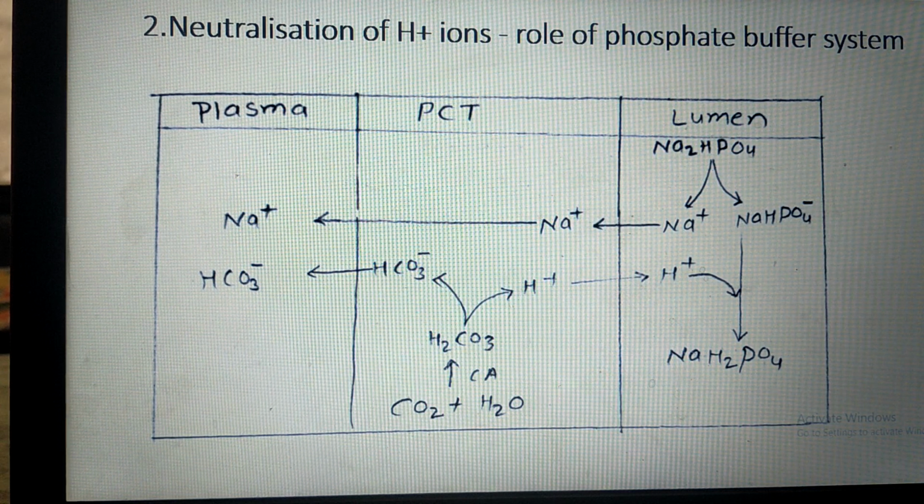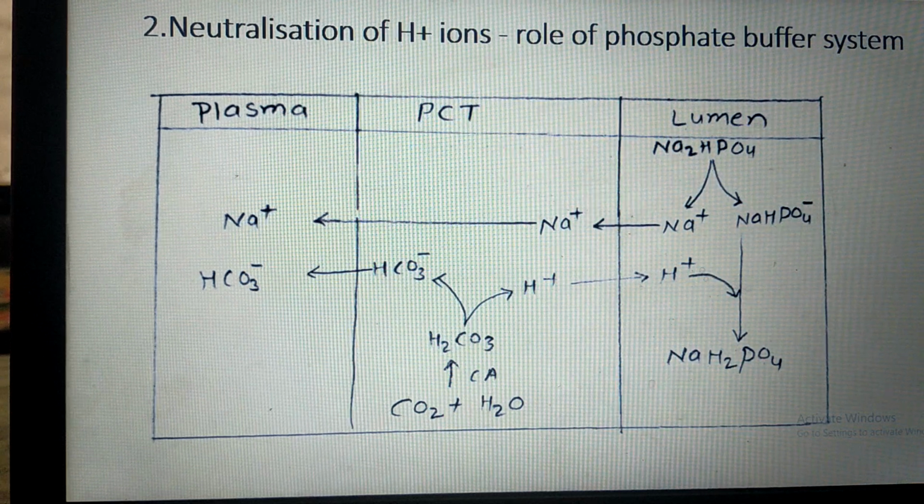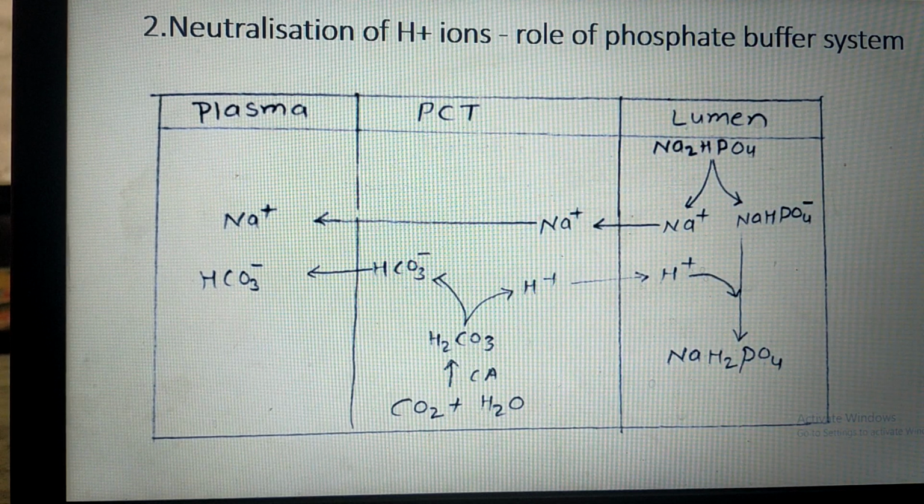Now the H plus ion, which has already entered in the first mechanism, combines with this sodium biphosphate anion to form NaH2PO4. This NaH2PO4 is a weak acid, so it will not decrease the pH too much.